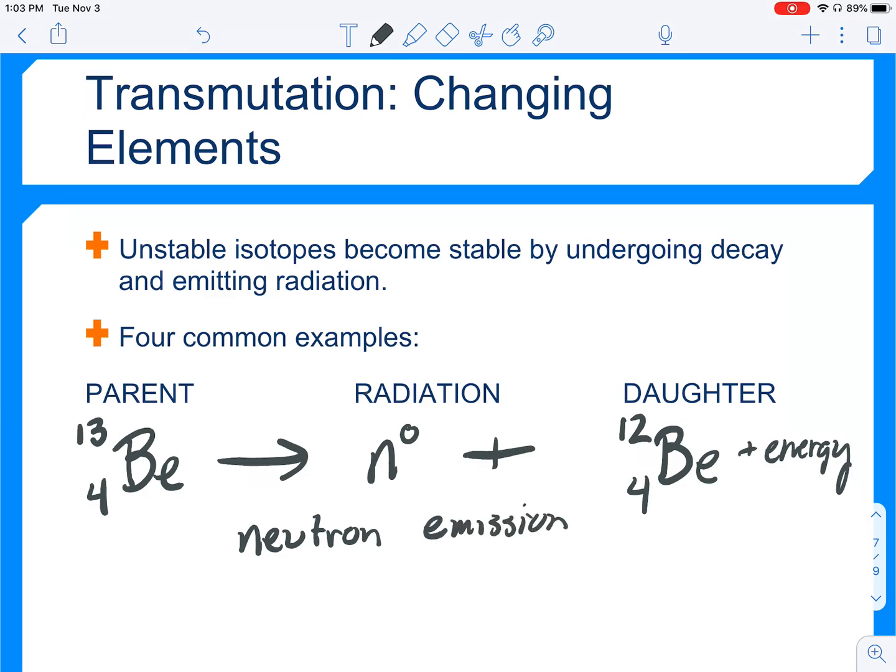And neutron emission is a form of moving from unstable to stable. It exists primarily in man-made nuclear systems. It's an important part of the process of creating new elements and nuclear changes, enriching certain elements to be more useful for fission and reactors and things like that.